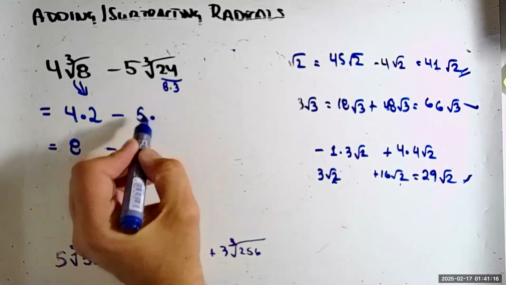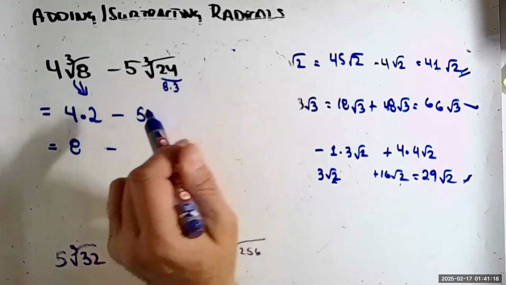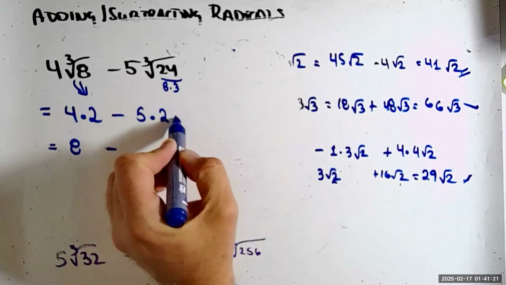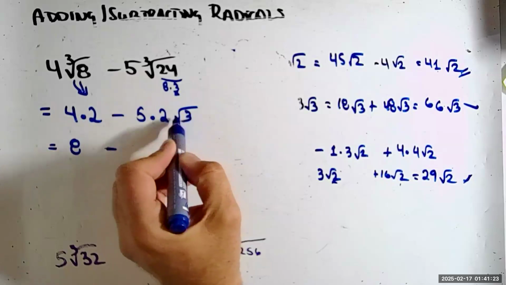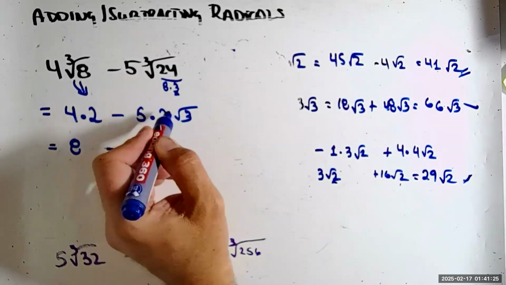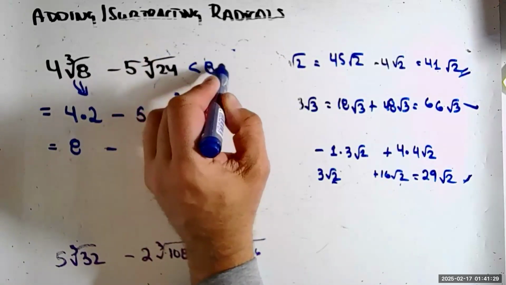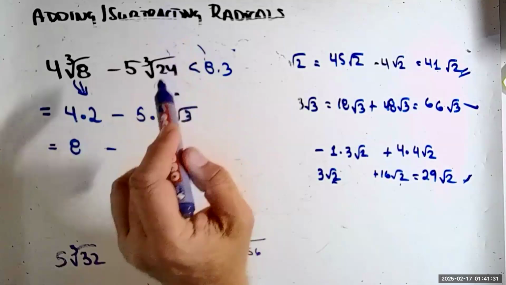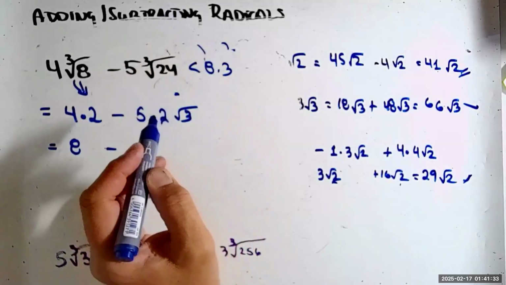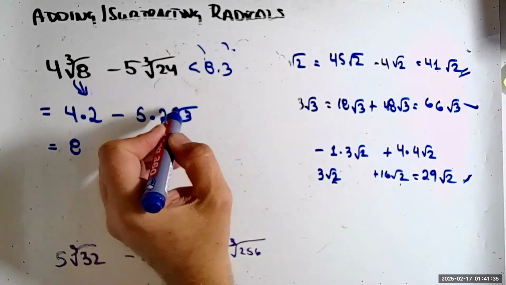Here we have 5 times cube root of 8 is 2, and this other 3 stays inside the radical. We broke 24 as 8 times 3. The cube root of 8 is 2, and the 3 stays inside.